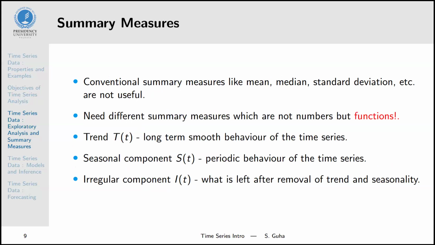One such function is the trend function, and we have seen how to calculate it. Then the other function is the seasonal component. And whatever is left after we remove the trend and seasonality from the time series data can be regarded as the irregular component.